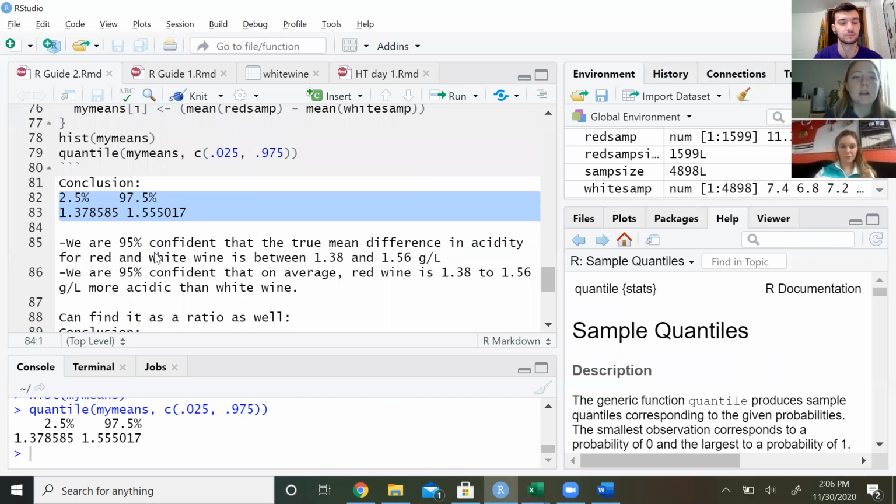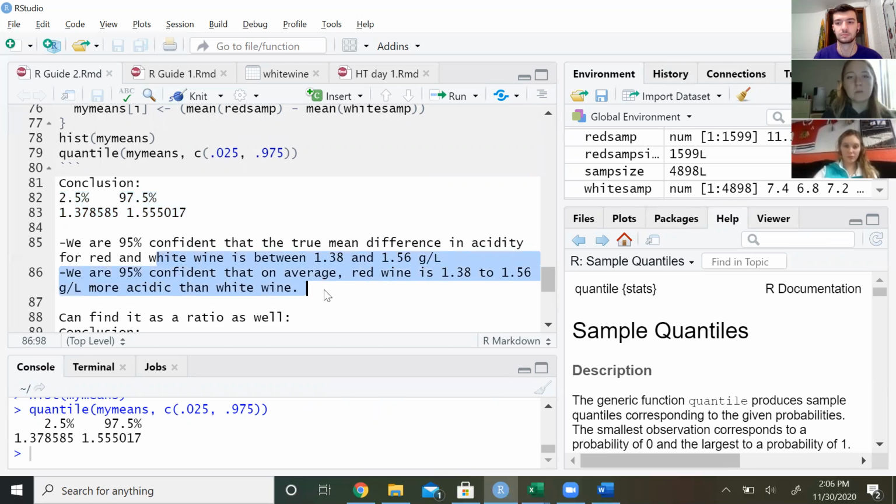So we can say from this, we're 95% confident that the true mean difference in acidity for red and white wine is between 1.38 and 1.56 grams per liter. Or another way we could say this is we're 95% confident that on average, red wine is 1.38 to 1.56 grams per liter more acidic than white wine. Again, we're measuring this in tartaric acid.